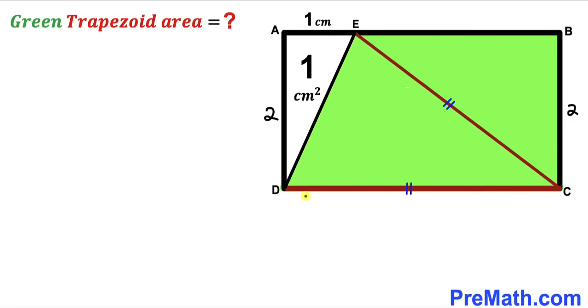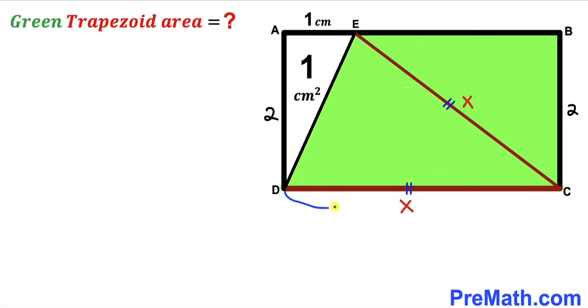And here's our next step. Let's label this side CD as x centimeters. Then this segment CE length has got to be x as well, since these two sides are equal. Now let's make an observation.